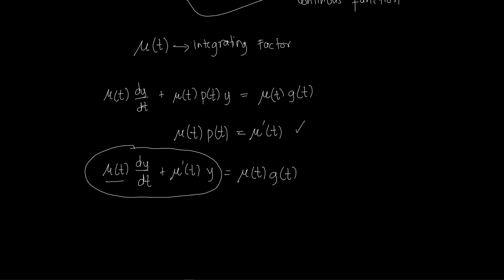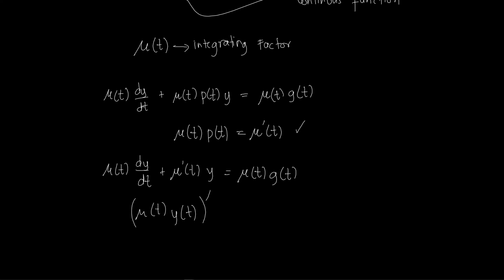This is actually mu of t times y of t, which is then differentiated. The left side, mu of t y of t derivative, is just the product rule, the first derivative.